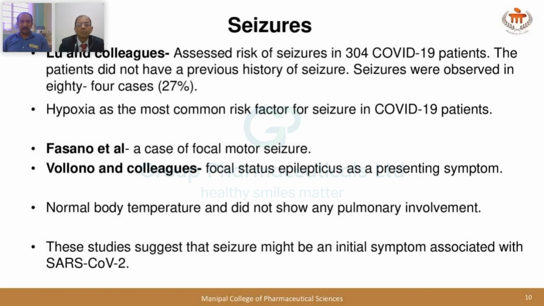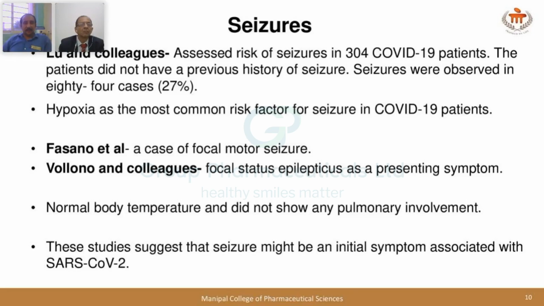However, later on, two important studies, one by Fusano et al. and another by Volono and colleagues, reported a case of focal motor seizure and a case of focal status epilepticus. These were the presenting symptoms.